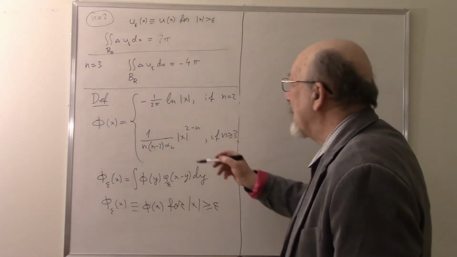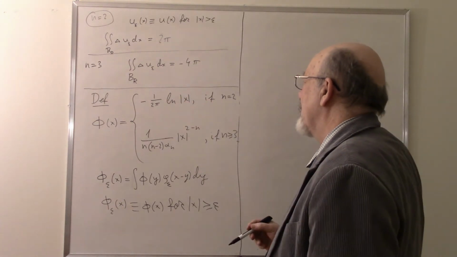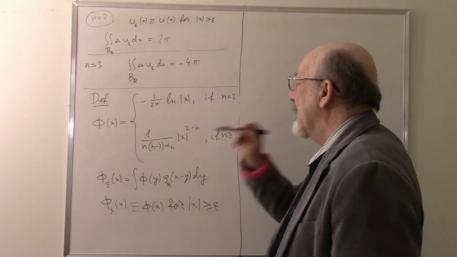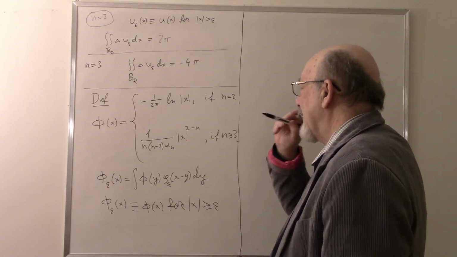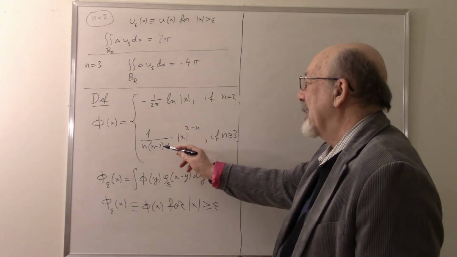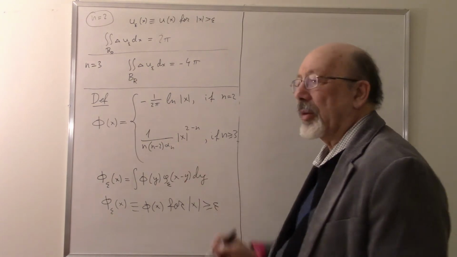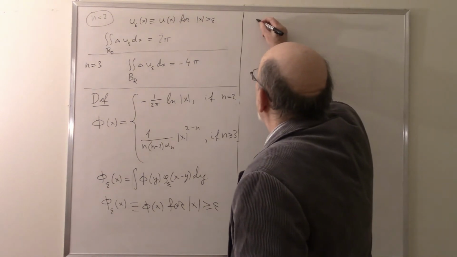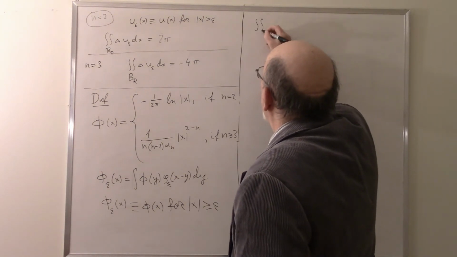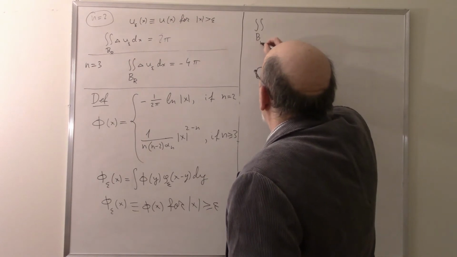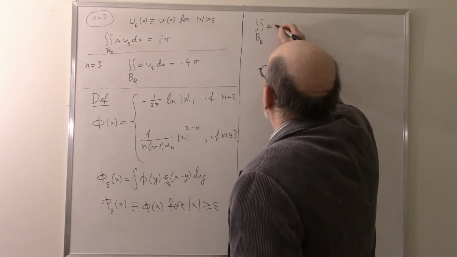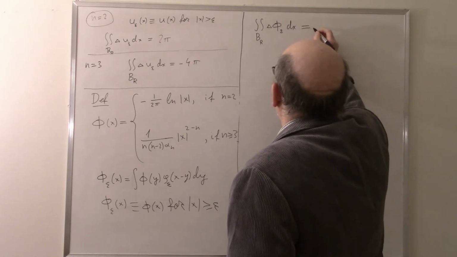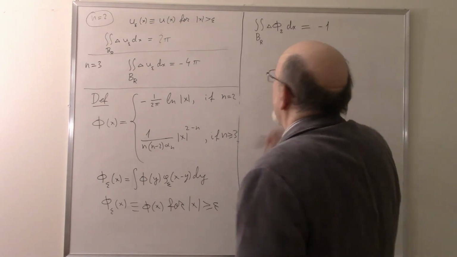And because we changed sign here, we have the following thing. Here we also changed sign. Instead of 2 minus n, we write n minus 2. We have the following thing, that integral over Br delta phi epsilon dx equals minus 1.